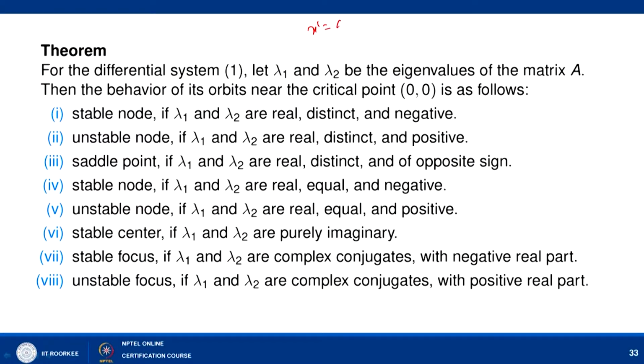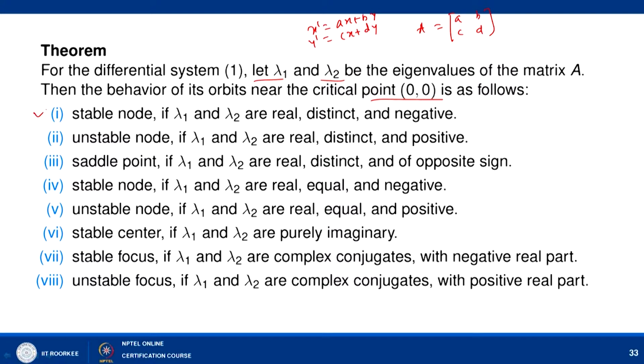Now, if we summarize whatever we have discussed so far, we can summarize it in the given theorem. For the differential system 1, that is x dash equal to ax plus by and y dash equal to cx plus dy, let lambda 1 and lambda 2 be the eigenvalues of the matrix A, where A is the matrix with entries a, b, c and d. Then the behavior of its orbit near the critical point (0, 0) is as follows.